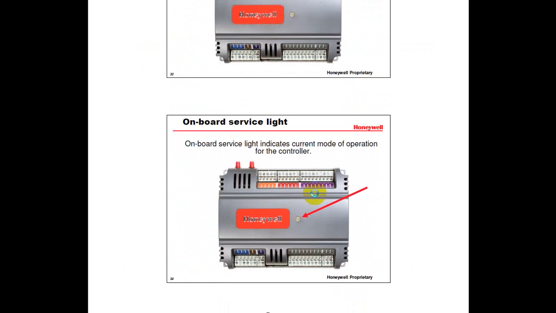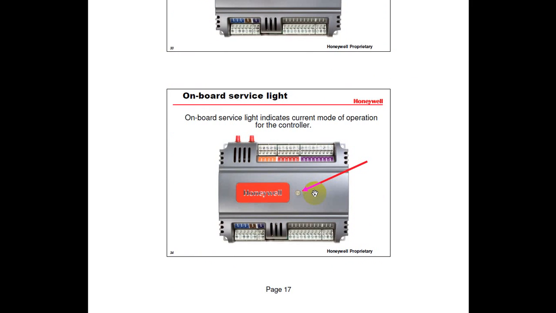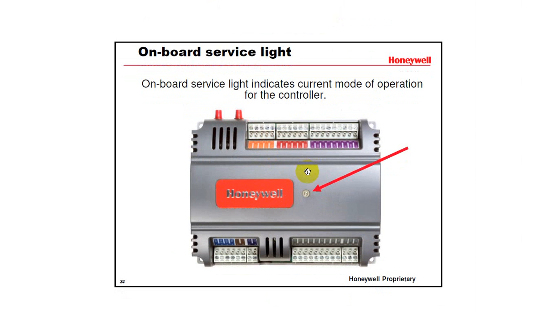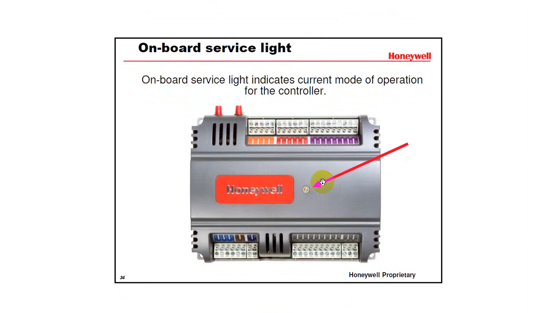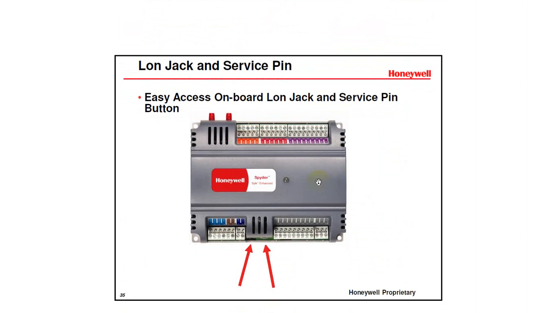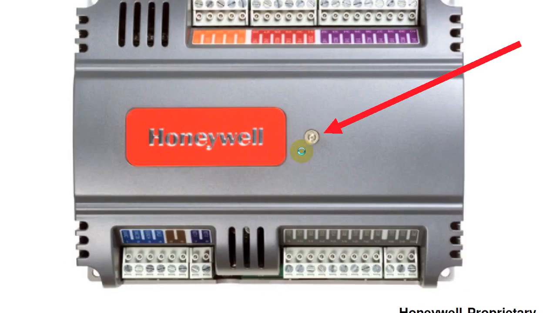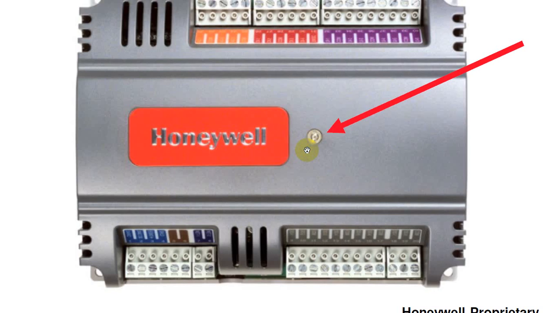Then for VAV boxes, there are onboard airflow sensors. So you don't need any external airflow sensor, it is inbuilt. Then this LED will show you the status. Here you will see your LED is glowing, so it shows whether your Spider is working properly or not.